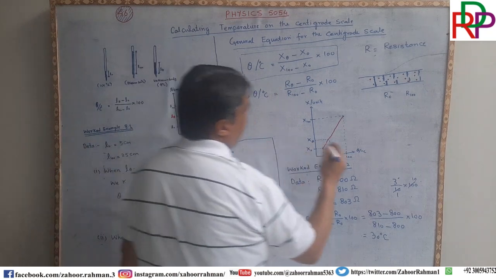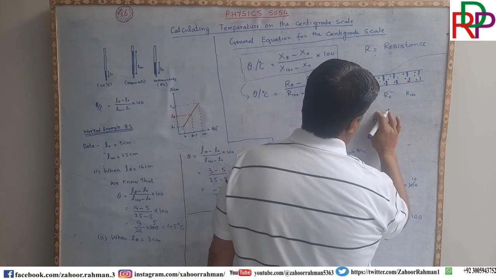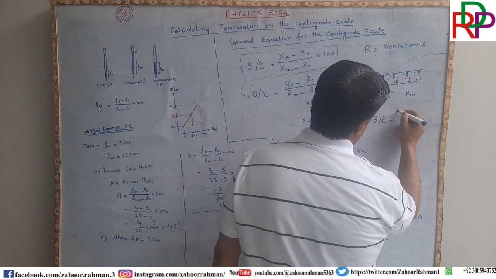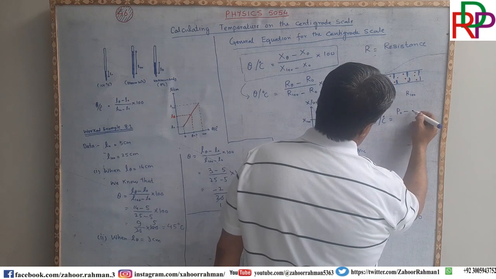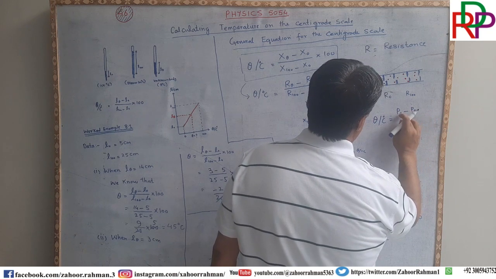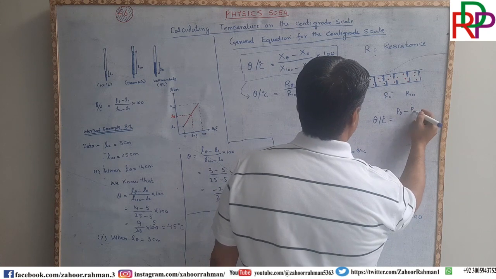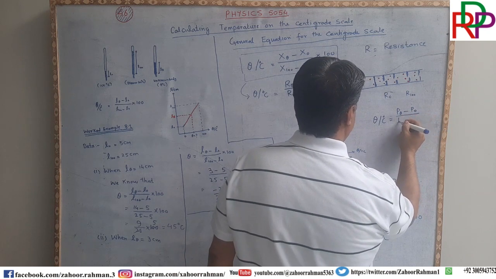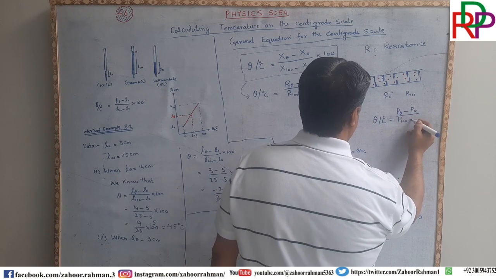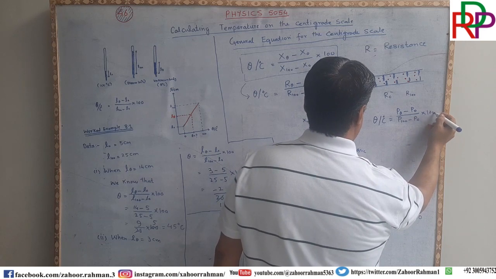One thing more I can say, that theta per degree Celsius can be P theta minus P0, over P100 minus P0, multiplied by 100.